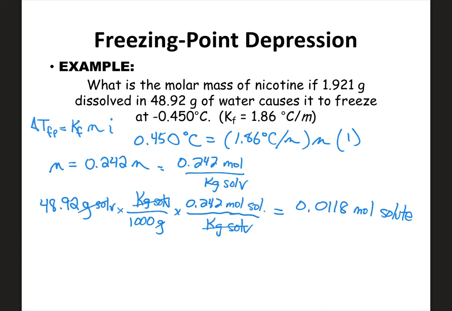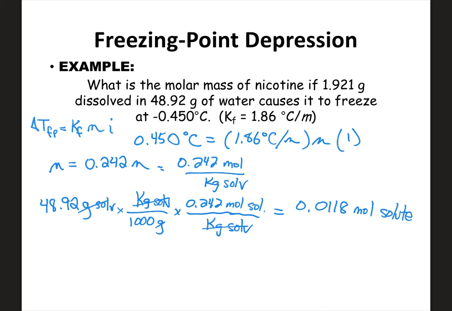So now we're ready to do the molar mass of nicotine, grams per mole. They told us in the problem, all right? You got to go back, and this is where you got to be careful. You want to use the grams of the solute, not the grams of the solvent here. The grams of the solvent, along with the molality, gets you to the moles of the solute.